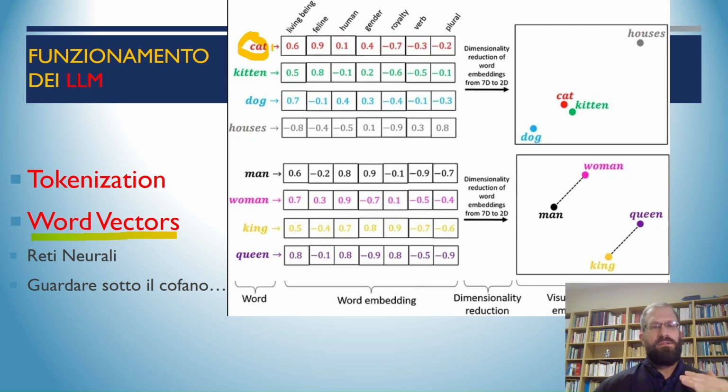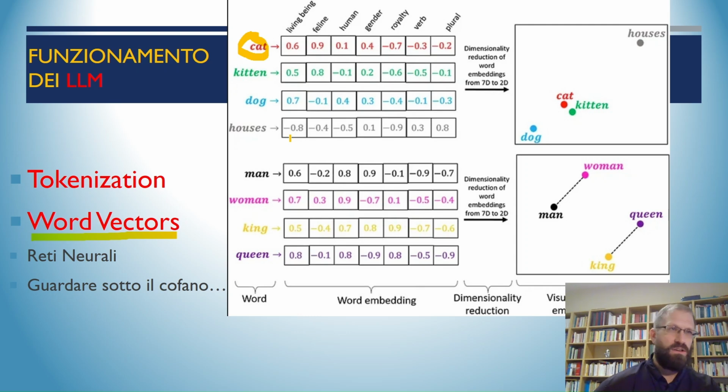A vector would be a sequence of different numbers that indicate a proximity to a certain category. So if here 0.6 indicates it's a living being, then house is minus 0.8, so it's not living.